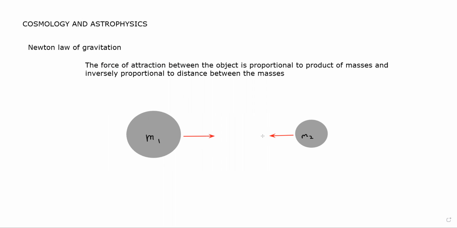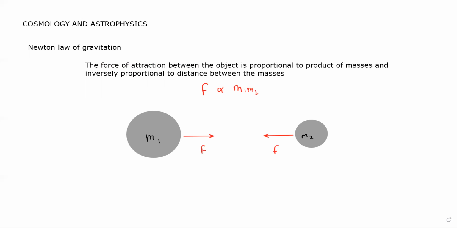The m1 applies a gravitational force on m2 and m2 applies gravitational force on m1, and according to Newton law of gravitation, the force of gravity between the two objects is directly proportional to their masses, meaning the product of the masses. So greater the product of the mass, stronger force will be there.